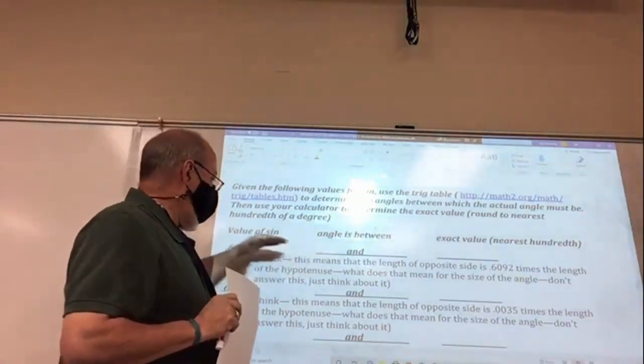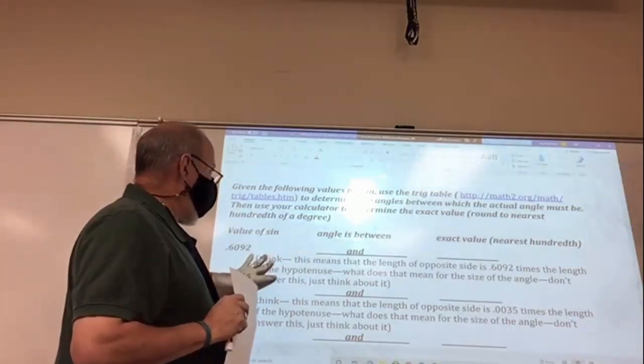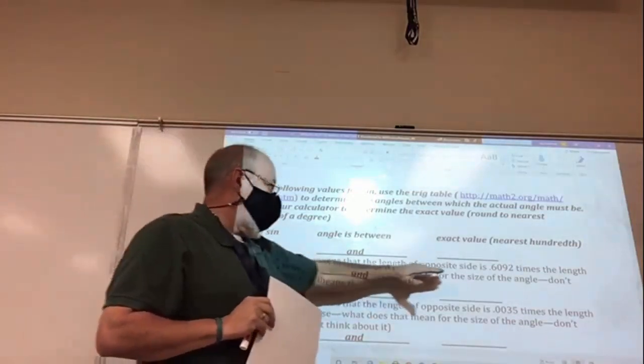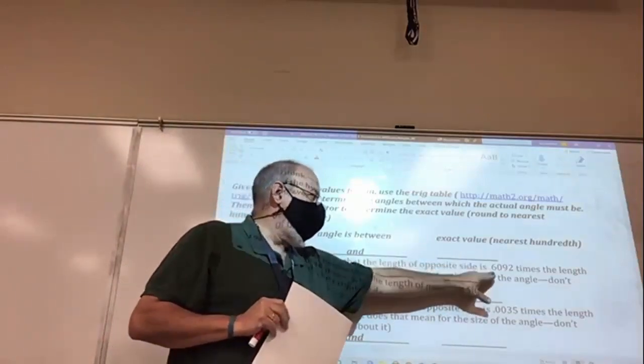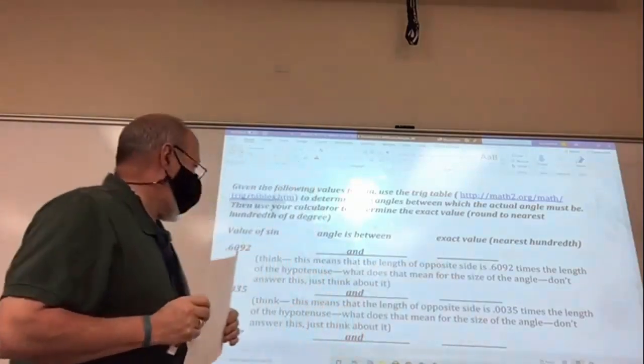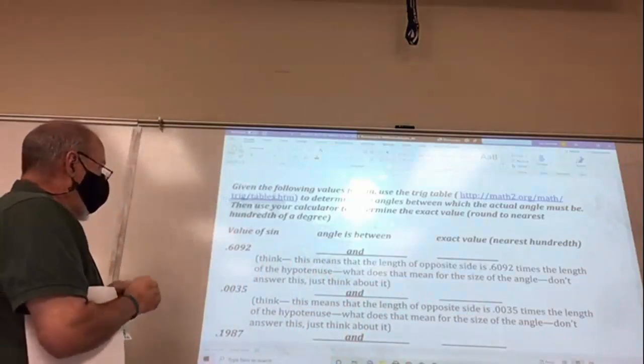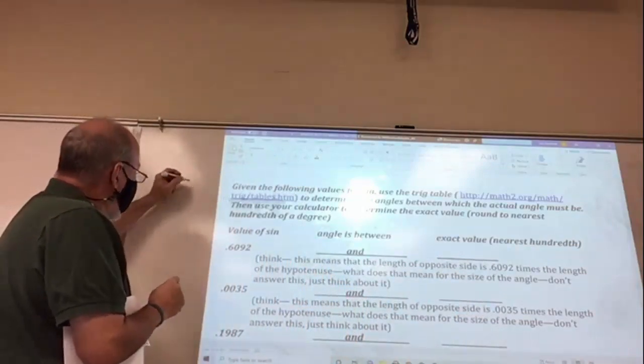Okay, so I want you to do this for these values for sine. And think, this means that the length of the opposite side is 0.6092 times the length of the hypotenuse. And I kind of want you to think about this.